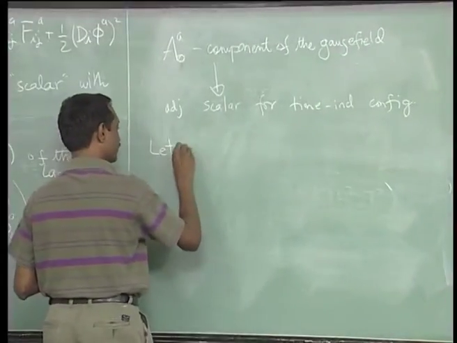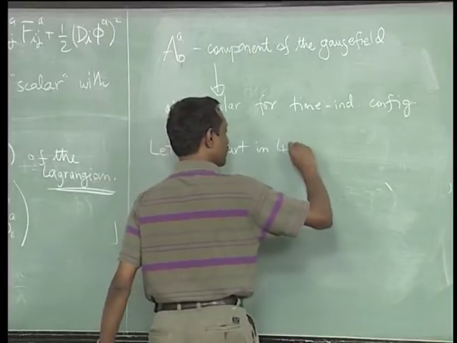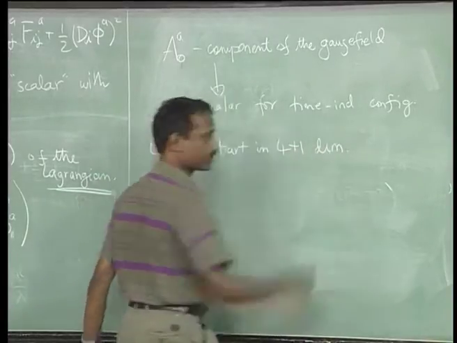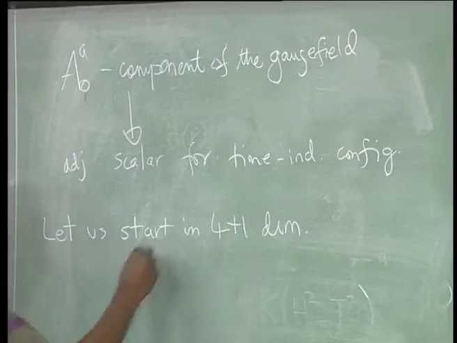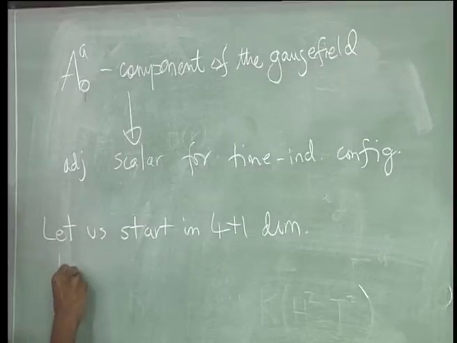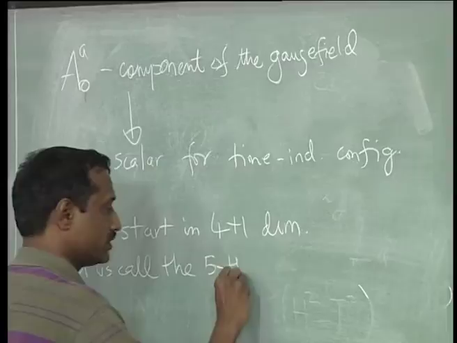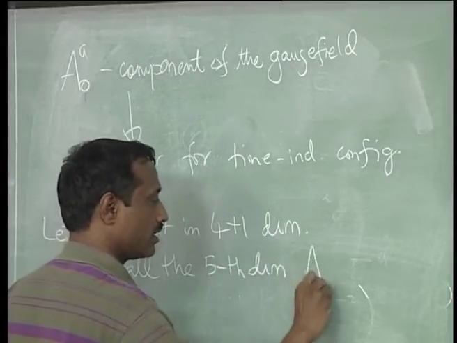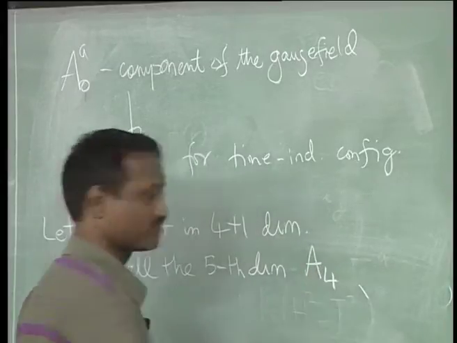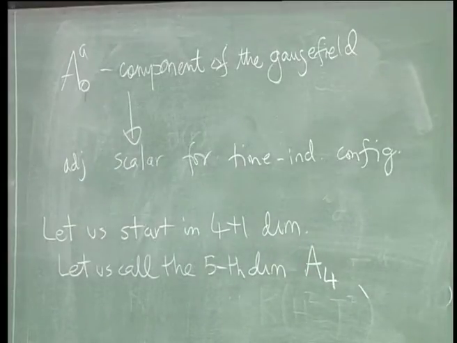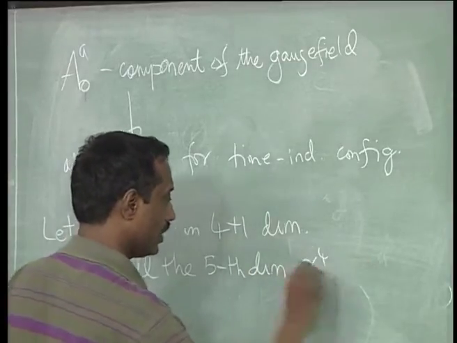Let us start in 4+1 dimensions. Okay. And so let us call the 5th dimension X4, and the gauge field.